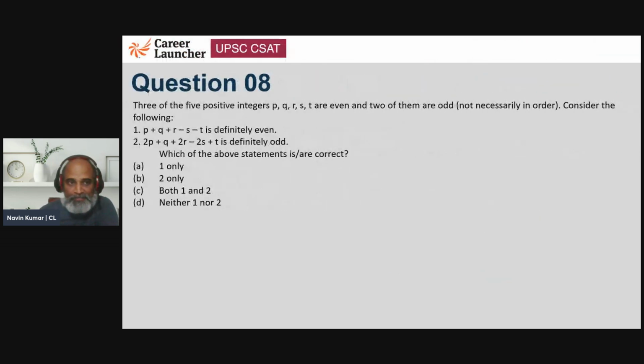Okay, next question. 3 of the 5 positive integers P, Q, R, S, T are even and 2 of them are odd in some order. Consider the following: P plus Q plus R minus S minus T. So if 3 of them are even and 2 are odd, and you are simply adding and subtracting between them, any combination of even numbers will remain even.